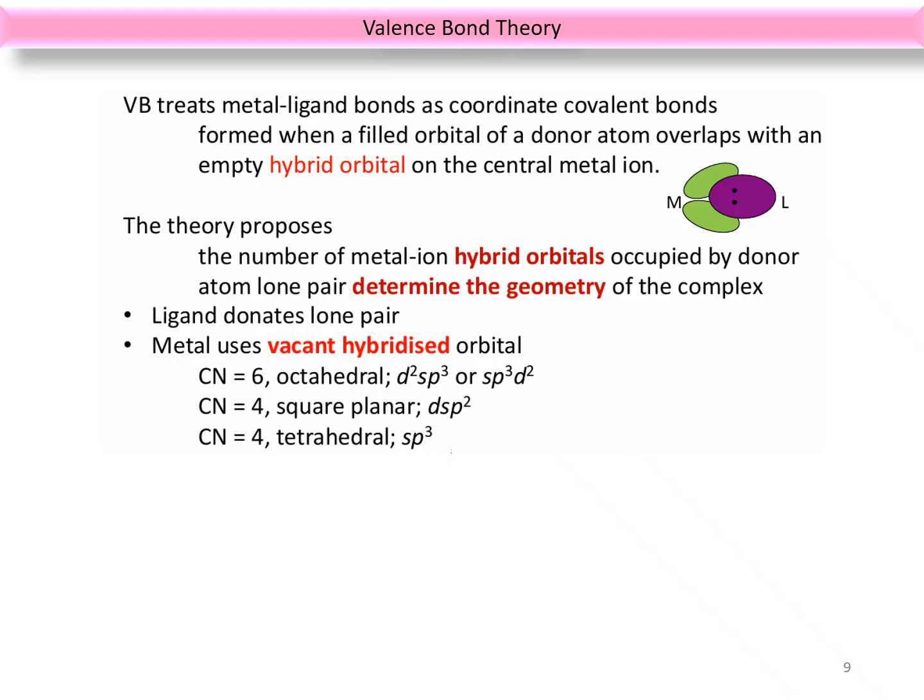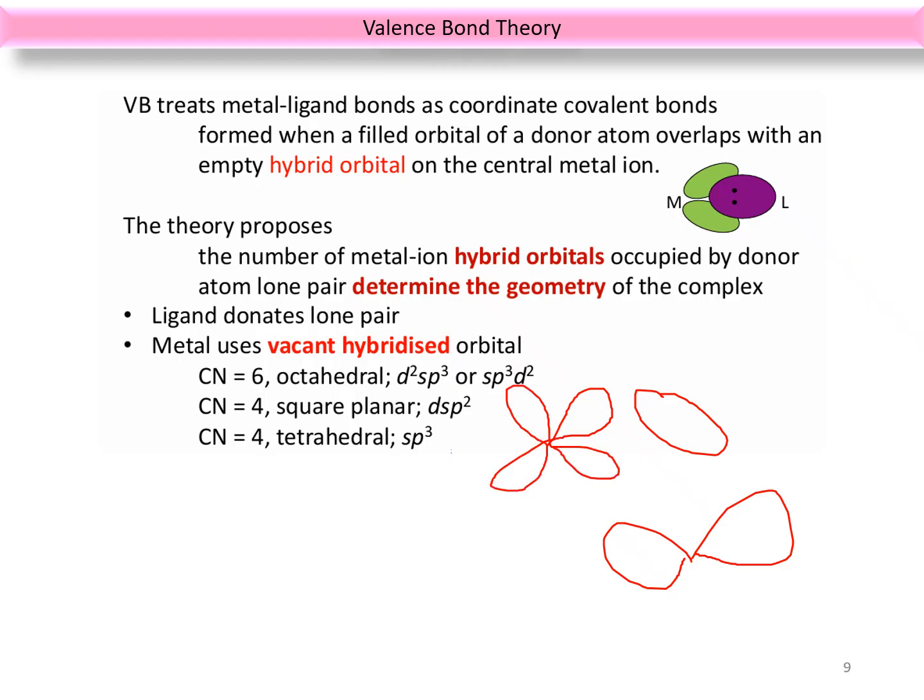So it is always an orbital of the ligand, let's say a p orbital or an s orbital, that overlaps with the d orbital of the metal. There must be overlapping of orbitals.